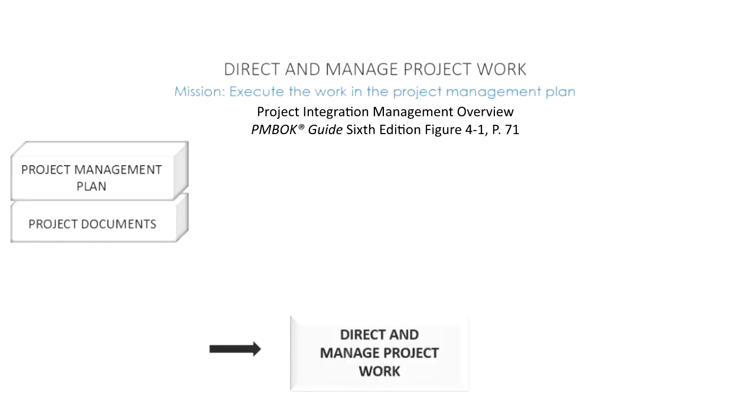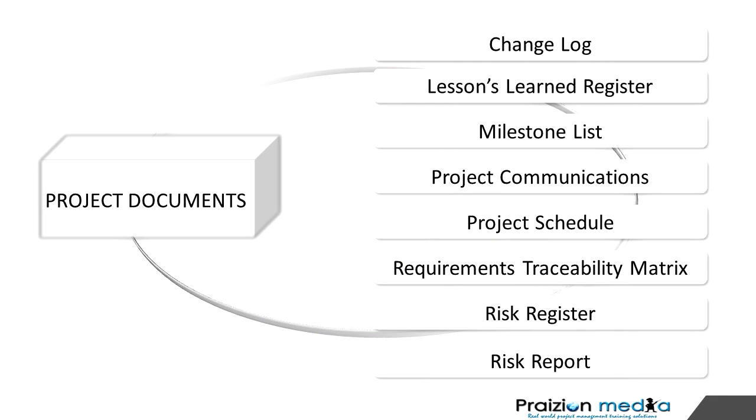The next input here is called project document. Now, project document is a catch-all for lots of documents. And let me call out a few of these project documents that could be looked at as inputs here. So we've got the change log. We also have lessons learned register. We don't want to make the same mistakes twice. So any lessons learned that are relevant, we want them here.